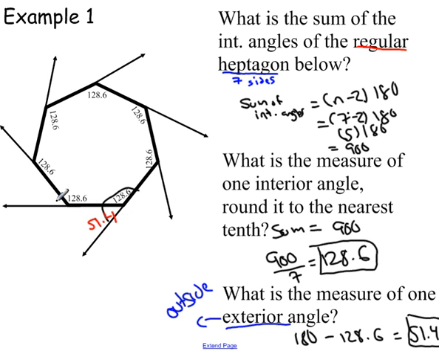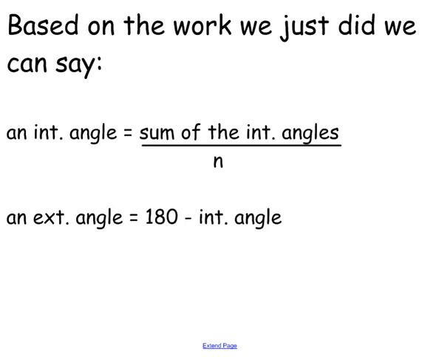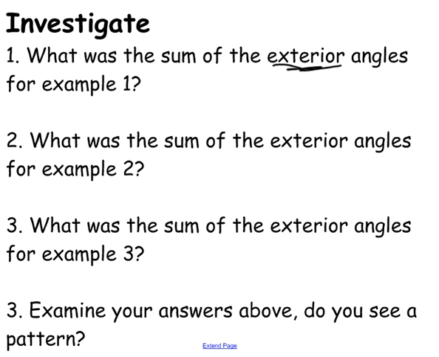So if you want the sum, you can just add them all up, all the 51.4s, or you can just say 51.4 multiplied by 6. And if you do that, it will give you approximately 360. Now, the reason why it doesn't give you exactly 360 is because you round it.